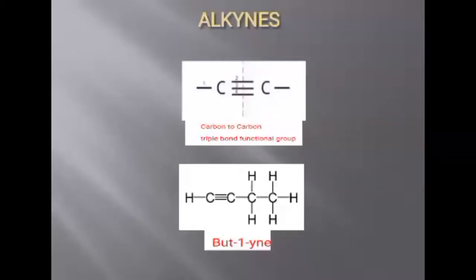And because it belongs to the alkynes family, we treat it as one. If we are talking about reactivity, for instance, whatever happens to this compound will affect the functional group. The reaction will be on the carbon to carbon triple bond. So in the example we have here, what we have now is but-1-yne.